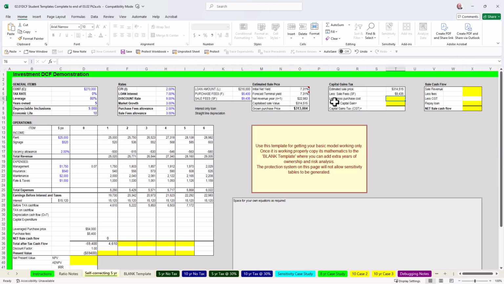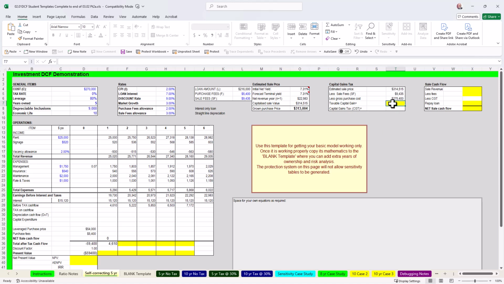Okay, now what that means is that I need the entire number of dollars that it has cost me. And so this is equal to the cost, $270,000, to which has to be added the purchase costs, and the purchase costs I've got down here worked out, 275.